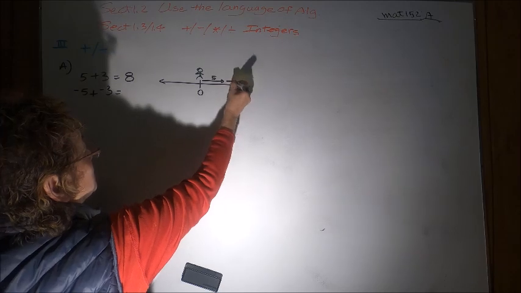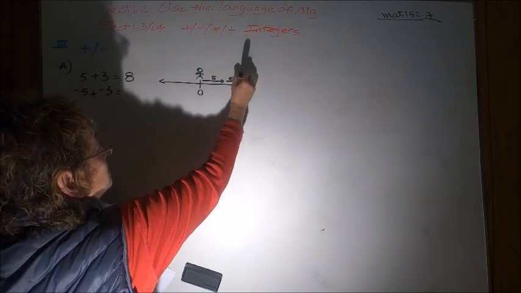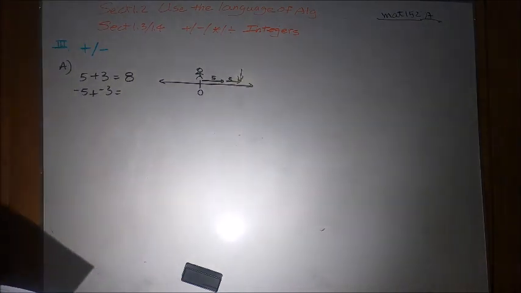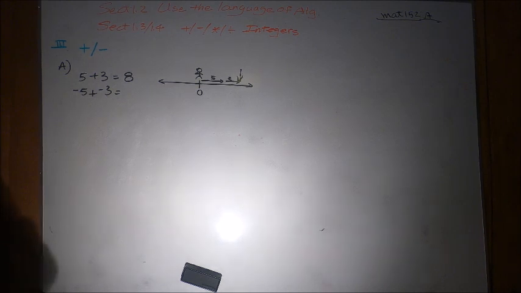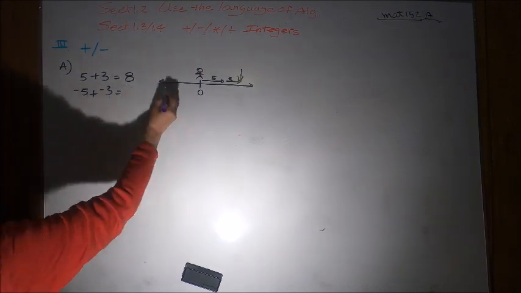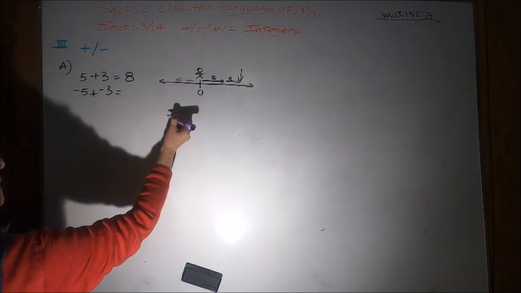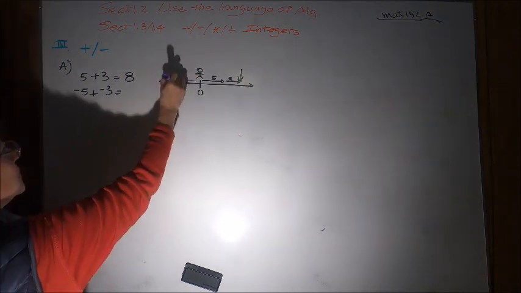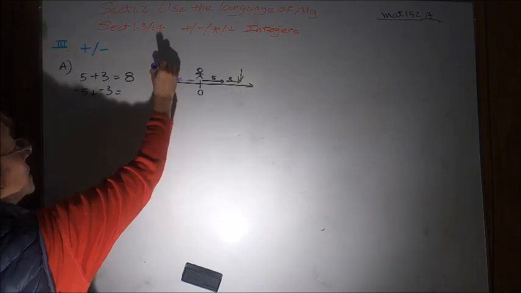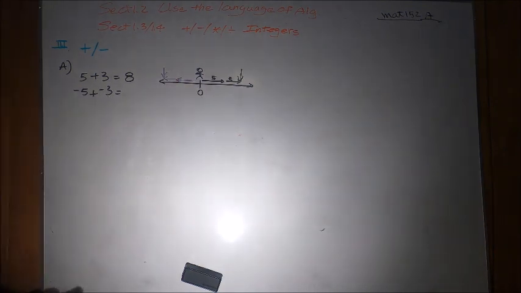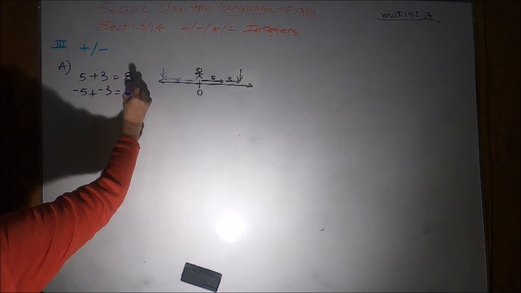Then you go right 3 again, right? So you end up here on the right. If you go left, negative 5 means what? You go left 5 steps, right? Negative 5. Plus negative 3, you go here. Where do you end up? That will be negative 8.